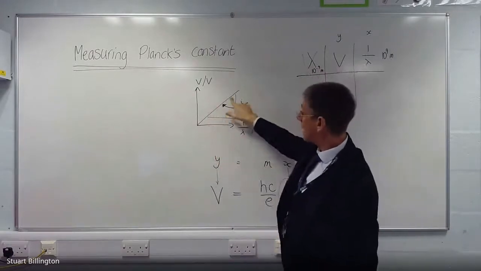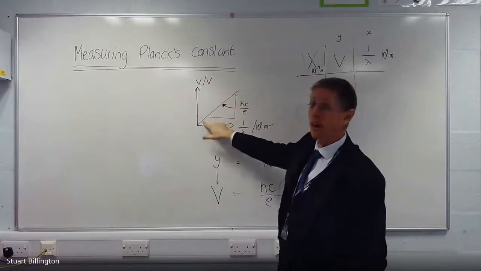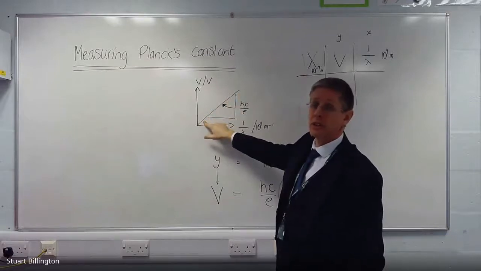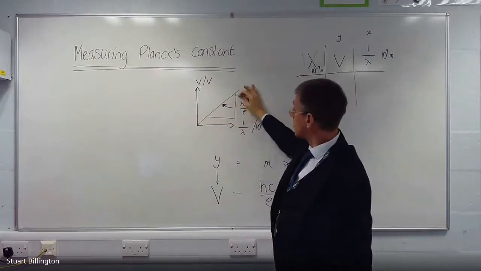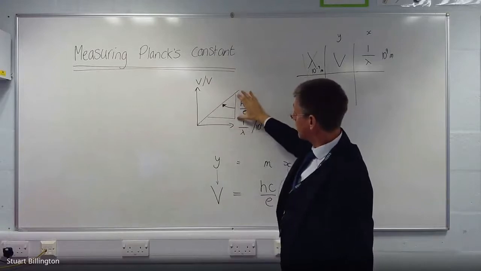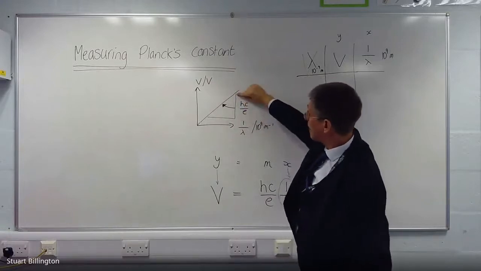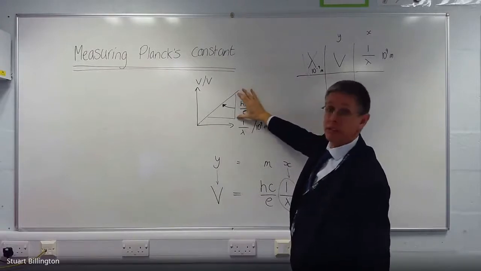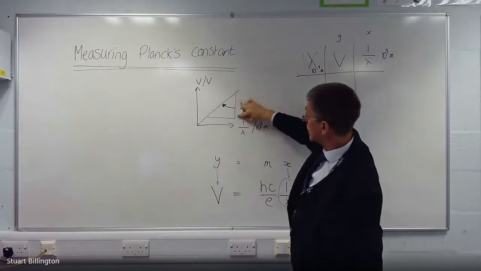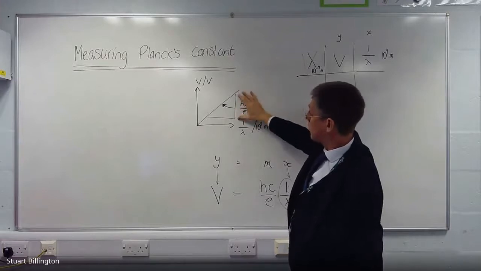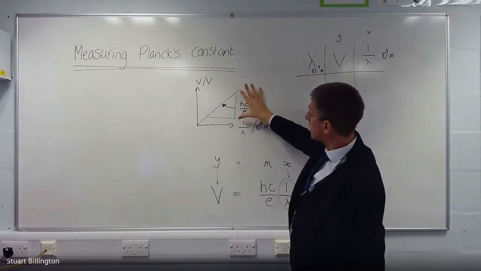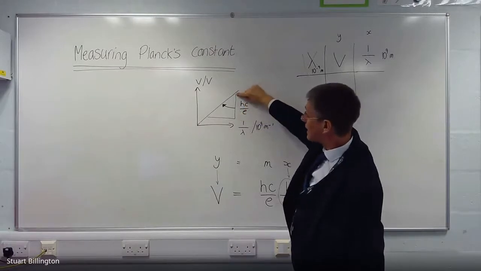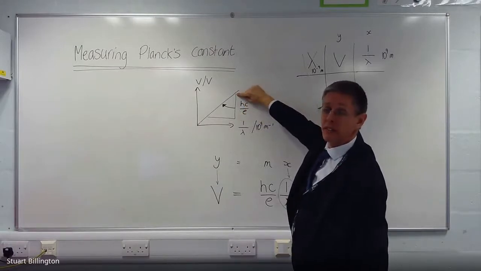You should be using at least half of your line of best fit to make sure that when you work out this difference, any tiny little errors you make in reading the endpoints are very, very small compared to the size of the interval itself. So always make sure that that is much, much bigger than any tiny little error you're making reading at the end of it using the scale of the graph.